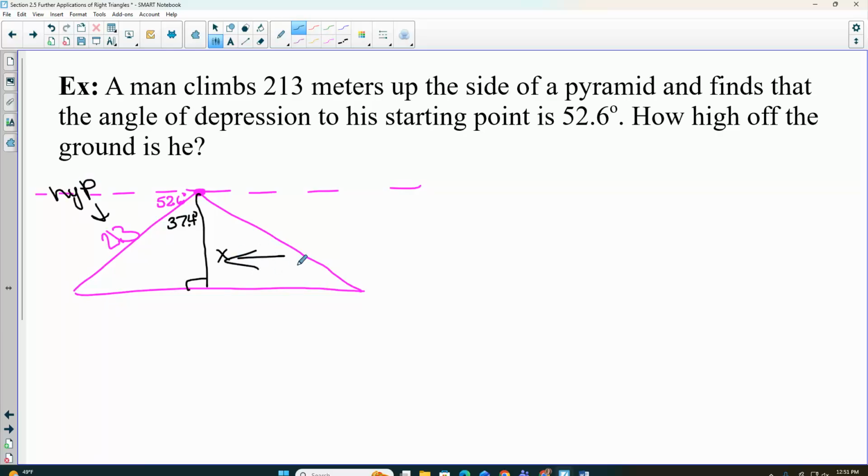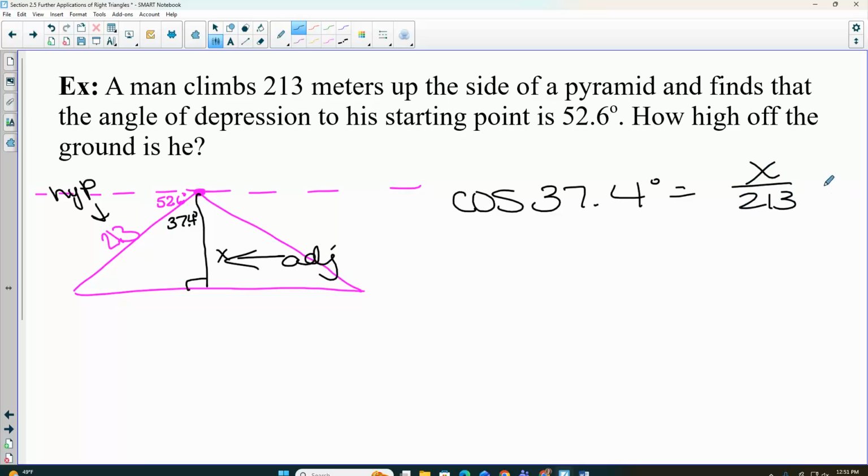This would be adjacent because it touches our angle. Adjacent and hypotenuse is cosine. So multiply to 213. So 169.2, so 169 meters.